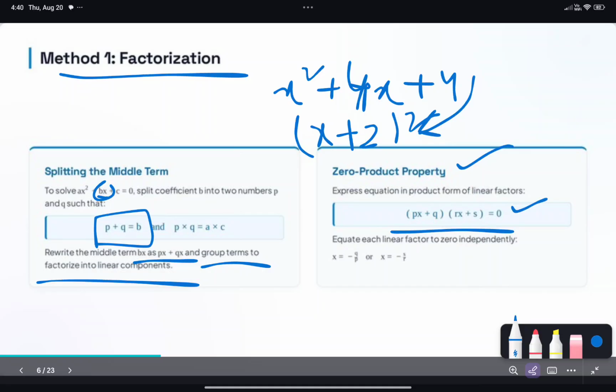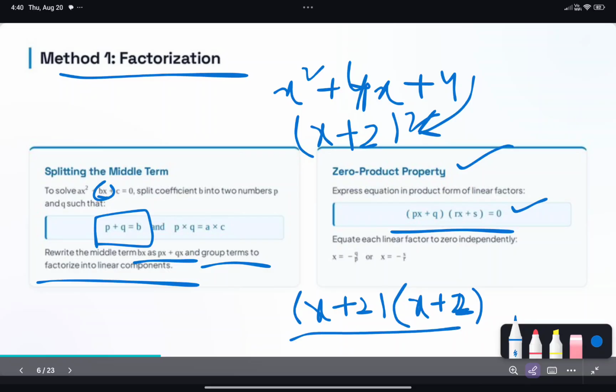Clear? Now tell me, we can write it like x plus 2 into x plus 2. You can write x plus 2 whole square as x plus 2 into x plus 2 only. Now tell me, is it in linear form or not?